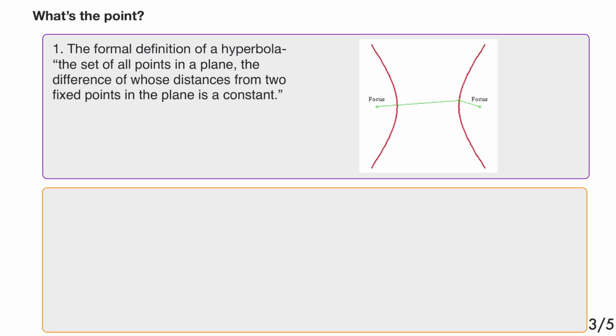All right, so what does that mean? Well, if I have 2 points, like here and here, and I measure the distance, for example, here, this coordinate, the difference between this distance and this distance is going to be some number. Let's just imagine that number is 10.